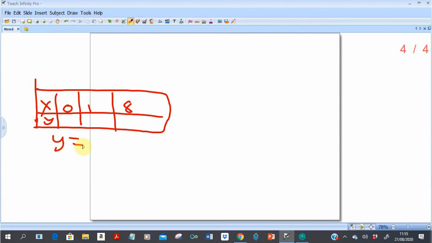For y squared is equal to 8x, what happens at 0? You have a 0. What happens at 1? You have the square root of 8, plus or minus. Let's just pick the positive part, so we just have the square root of 8. What happens at 8? When x is 8, y is also 8.